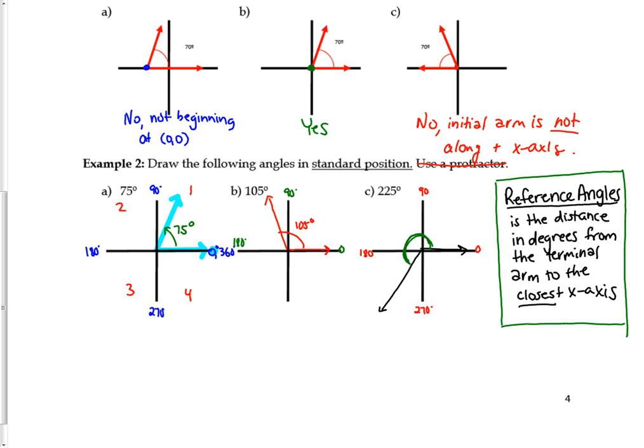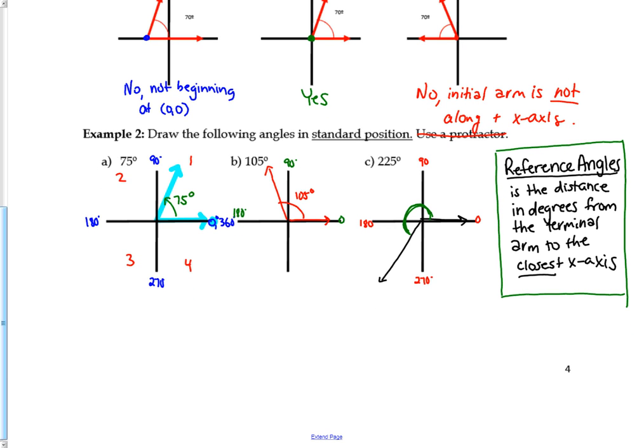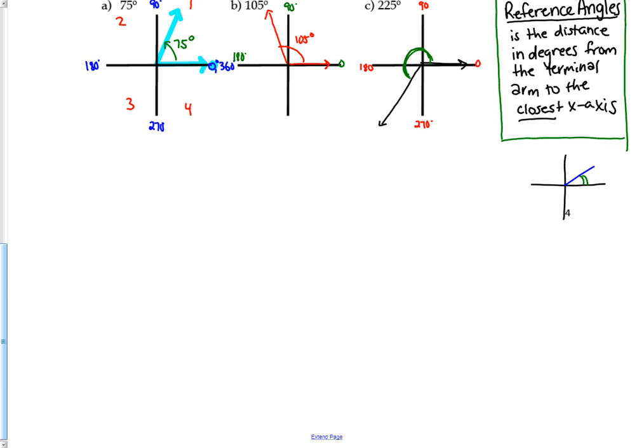So what I mean by that is, here's my Cartesian plane. If it's in quadrant 1, the reference angle would be the same thing as the rotation angle. If your angle is in quadrant 2, the reference angle will be between the terminal arm and the closest x-axis, so right there. Okay, that angle between the x-axis and the terminal arm.